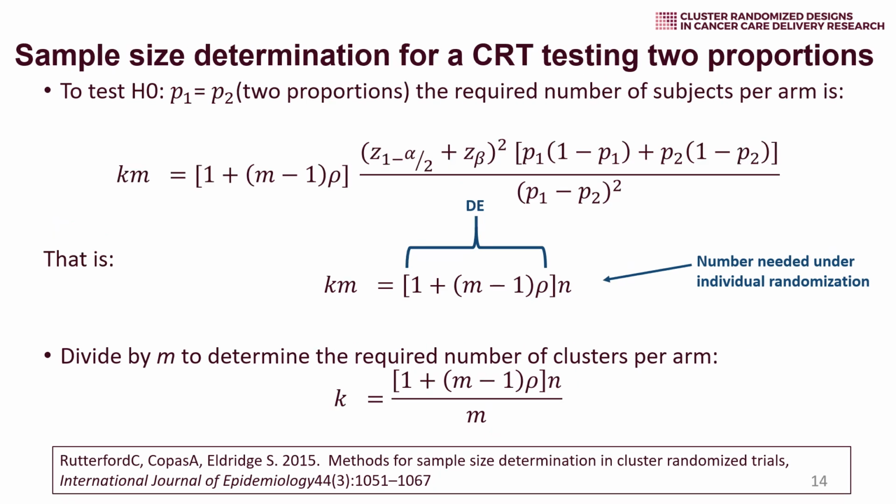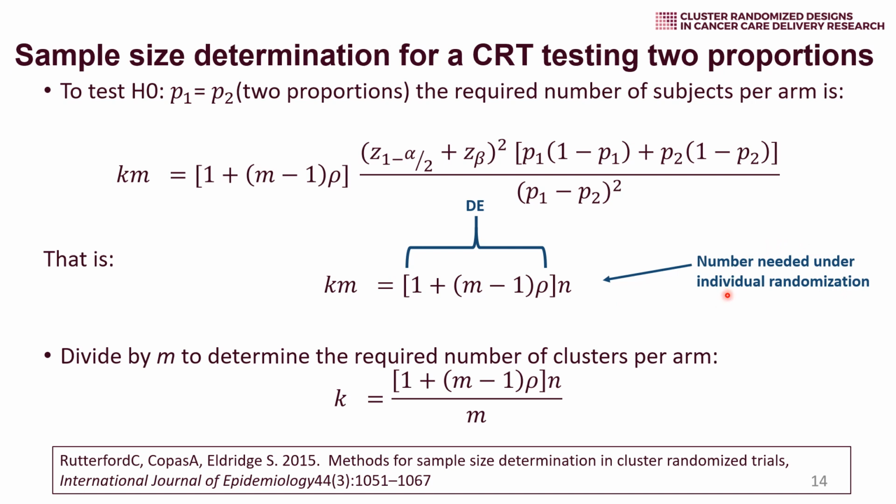And then those same formulas simply extend to the situation where we're trying to detect a difference between two proportions. So when we're trying to detect a difference between two proportions, the required number of subjects per arm, which is k times m, where k is the number of clusters and m is the number of participants per cluster, is equal again to the design effect multiplied by the same quantity, which is the number needed under individual randomization, and this all nicely condenses to be the design effect multiplied by n, where n is the number needed under individual randomization.